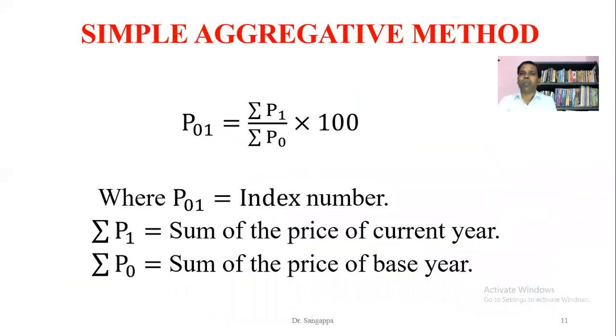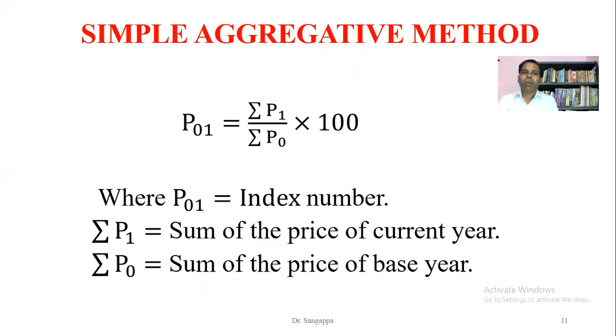Okay, let us focus on the simple aggregative method. Here we can construct the index numbers by the simple aggregative method. The formula of the aggregative method is P01 equal to sigma P1 upon sigma P0 into 100.